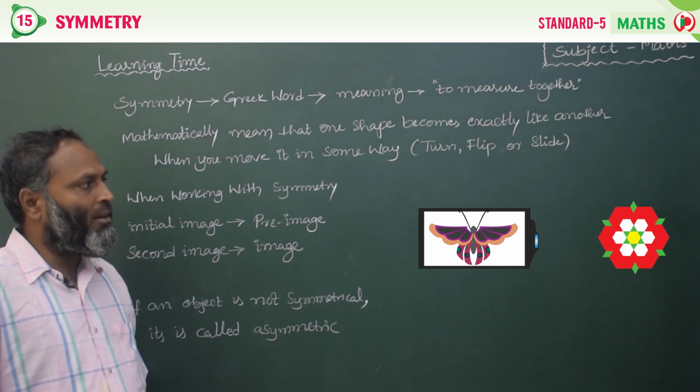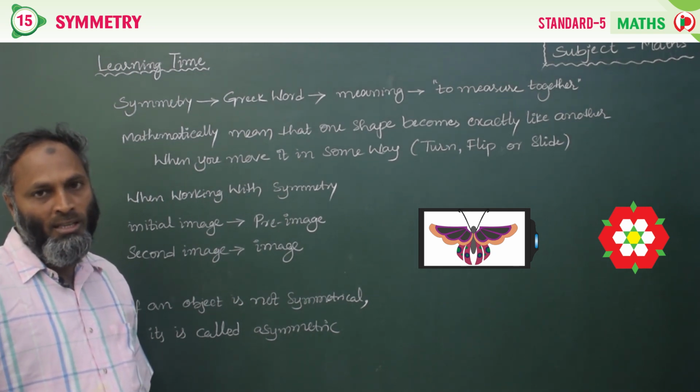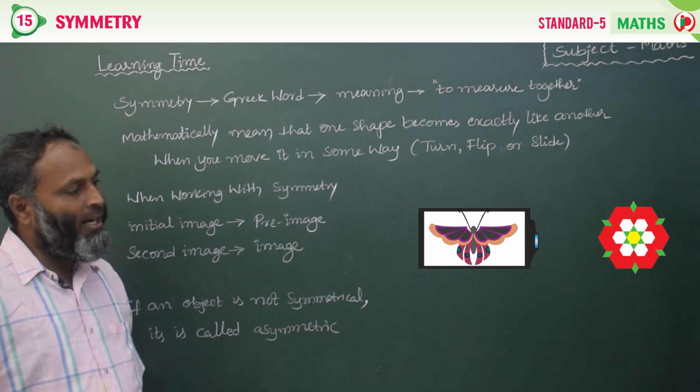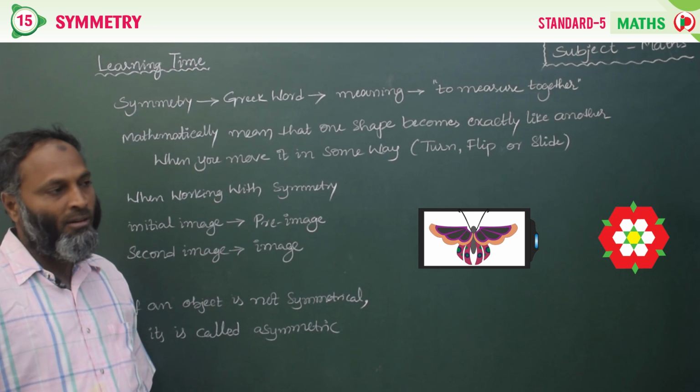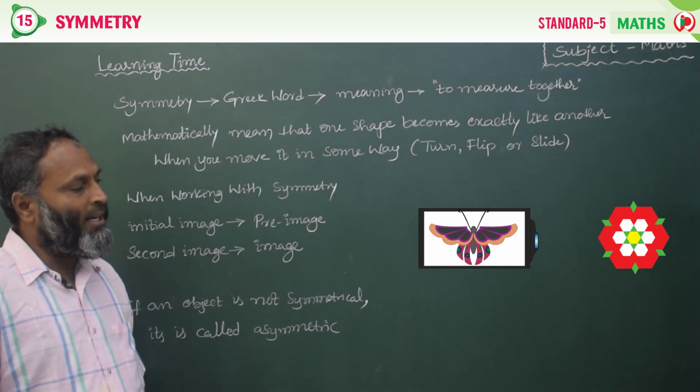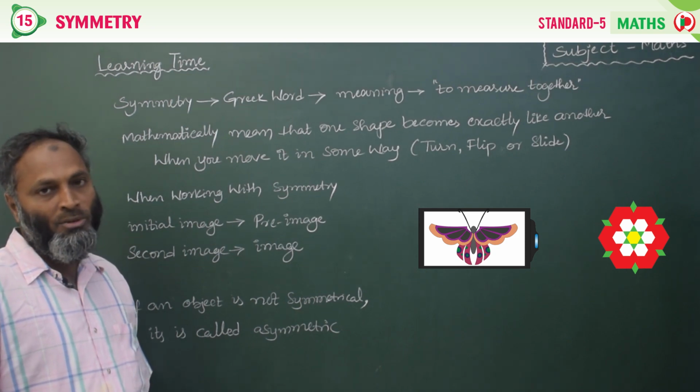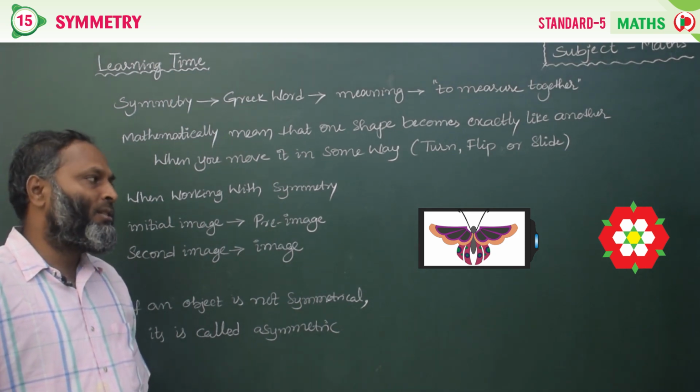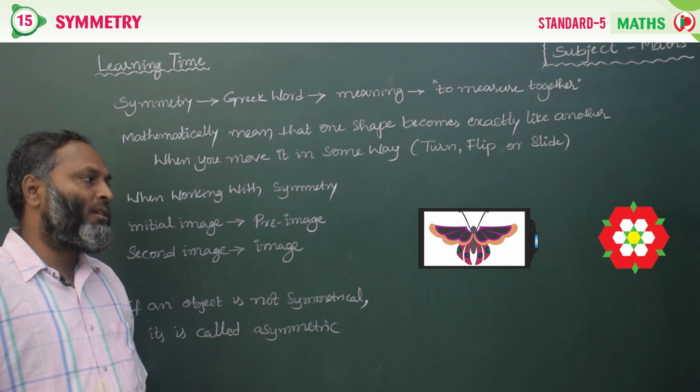That is why the butterfly is symmetrical. The given pattern is also symmetrical. If you draw a vertical line, horizontal line and slanting lines, we get two identical shapes. So these two objects are symmetrical objects.